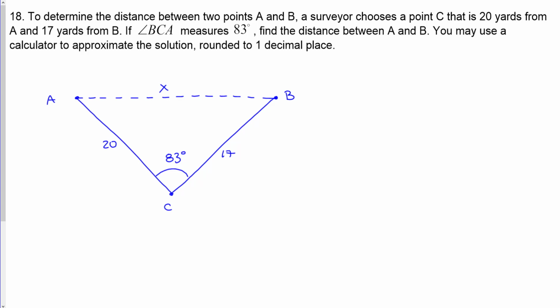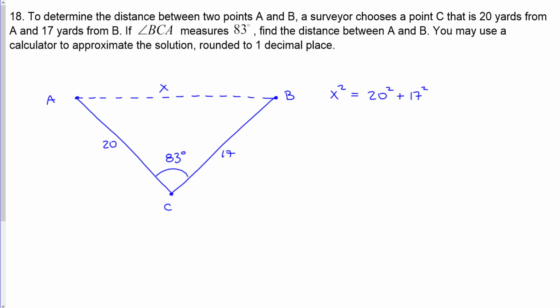Now, in order to figure out what x is, I need to use the law of cosines. So the law of cosines would tell me that x squared is equal to 20 squared plus 17 squared. It's basically like the Pythagorean theorem, but you just can't assume you're using a right triangle.